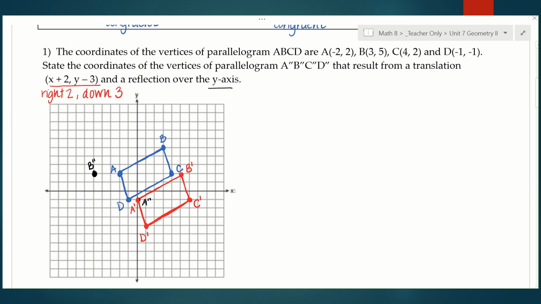Okay, we can do the same for C. So since C was 6 to the right away from the y-axis, I'm going to go 6 to the left, and there's C double prime. And D ends up being right here, 1 away from the y-axis. So go ahead and connect those points.